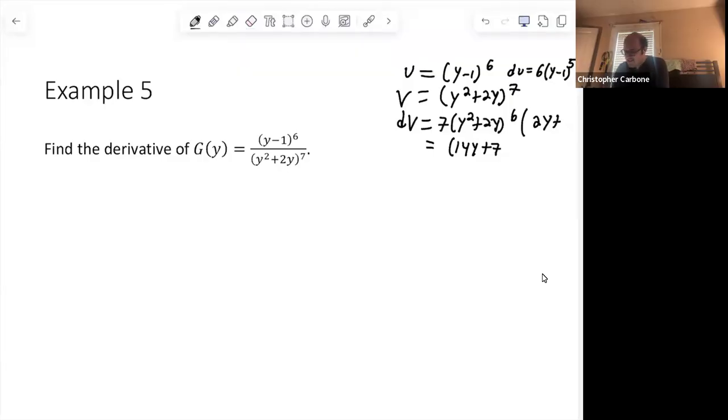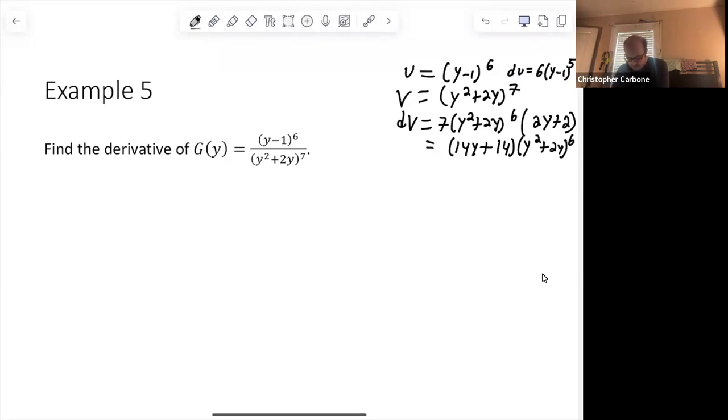The derivative of y squared plus 2y is 2y plus 2 here. So multiplying that by a 7 would give us (14y plus 14) times (y squared plus 2y) to the 6th power.